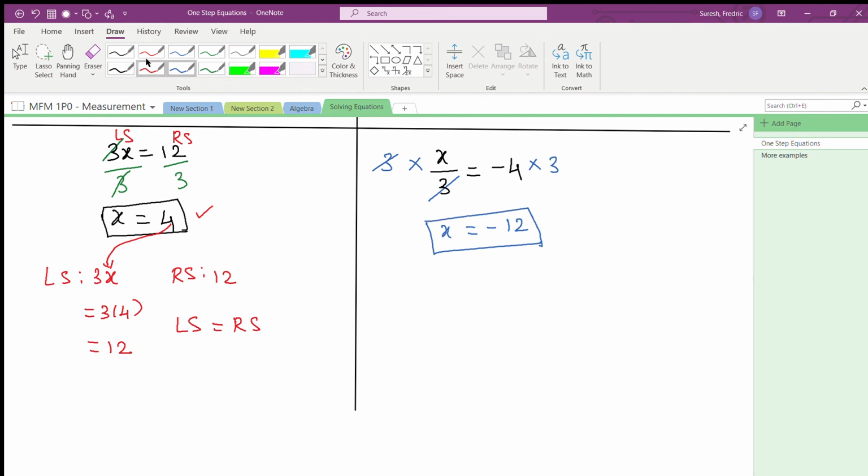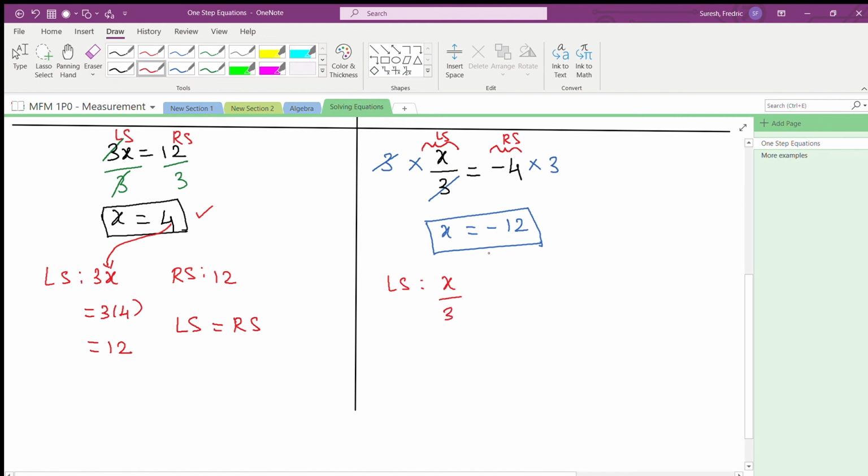So we can do the left side, right side comparison here again. The left side and the right side are from the original equation. The left side is x divided by 3. I made a mistake, so let me correct that.